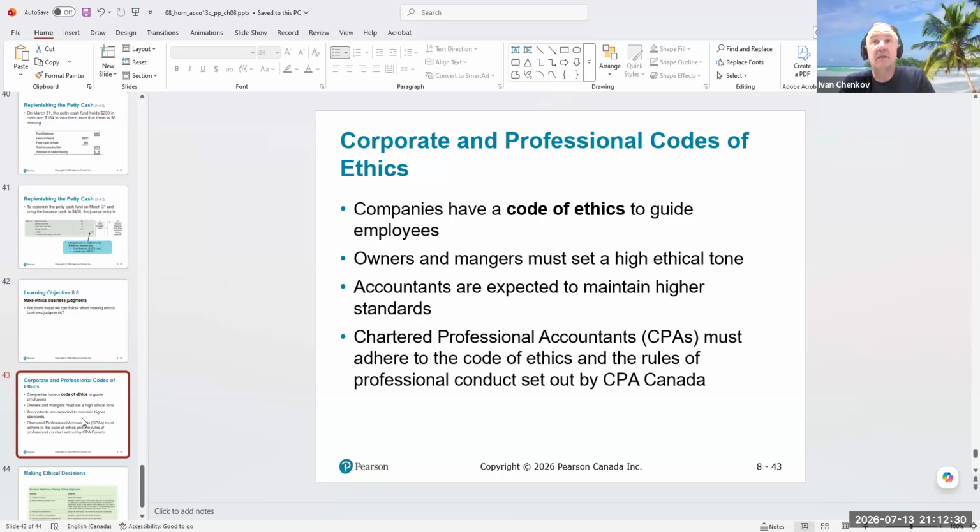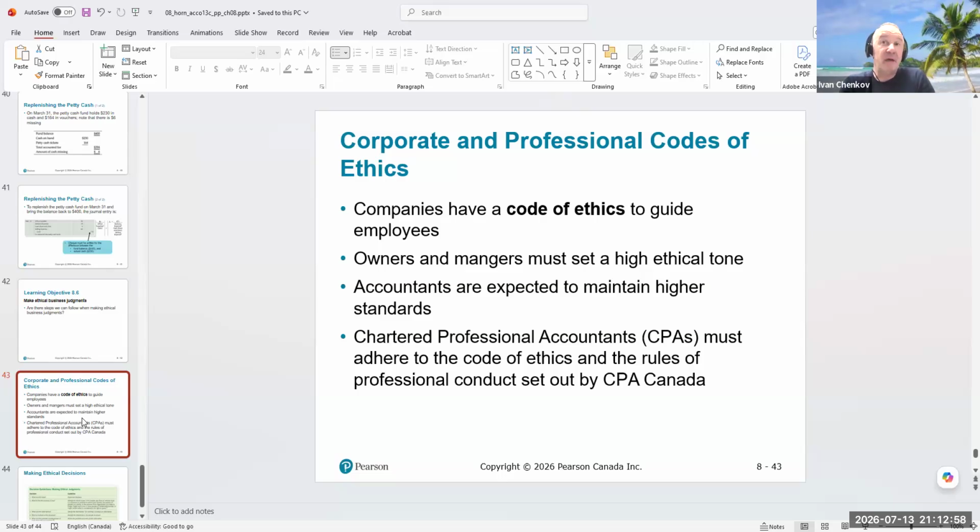Now, the owners and the managers in the company can set high standards. Also, through their personal appearance and personal acts, they can set a high ethical tone in the company. The accountants are expected to maintain those high standards.